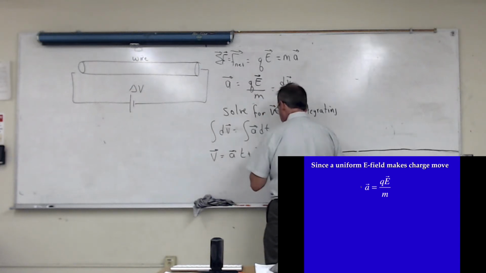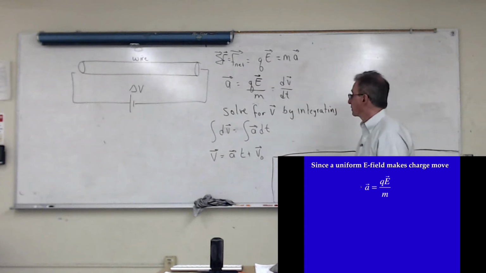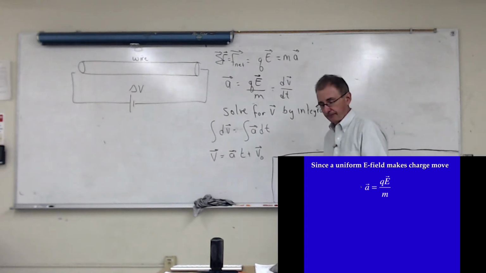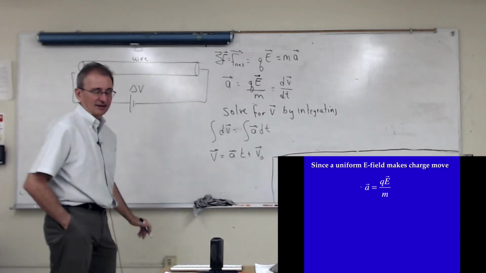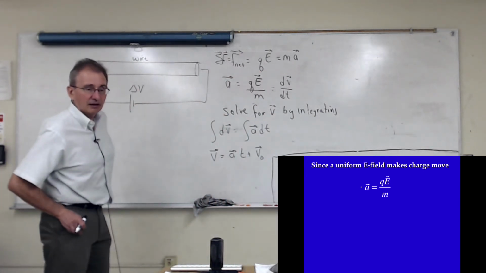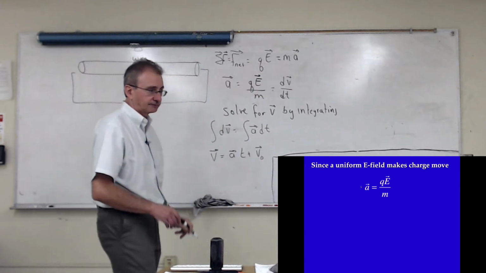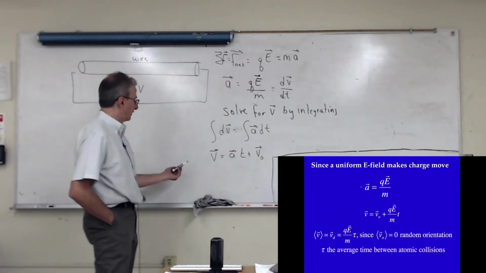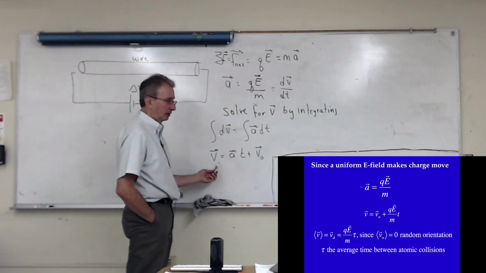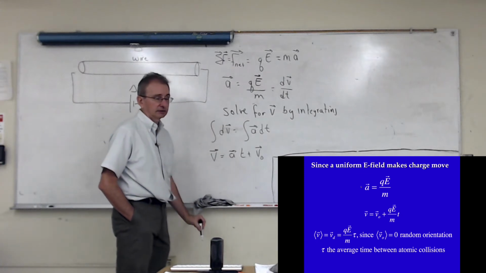And that constant of integration is my initial velocity. We're assuming here the electric field is uniform. And it is when we're using a battery like this. Okay? So this is the velocity of any electron given the acceleration of the electron.